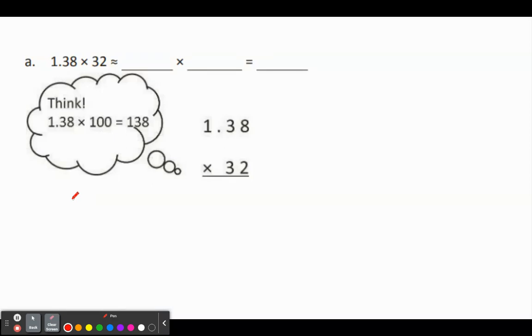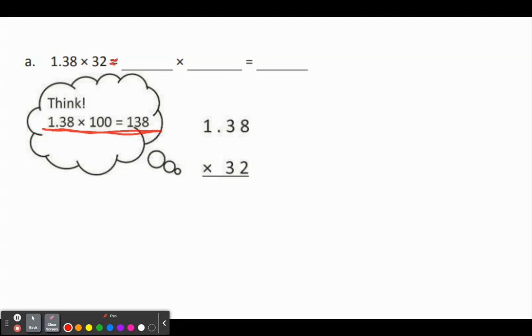Okay, so over here we have a note. We're going to think about the fact that 1.38, or 1 and 38 hundredths, times 100 is going to equal 138. Now this part is going to be a little bit confusing.